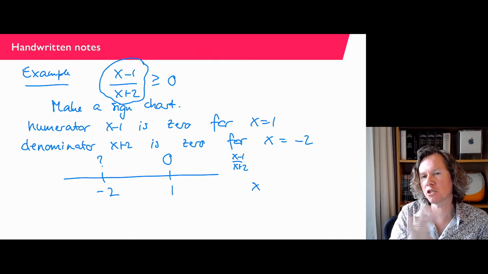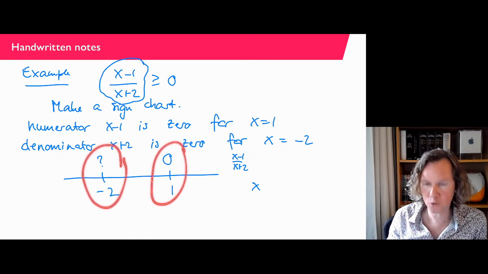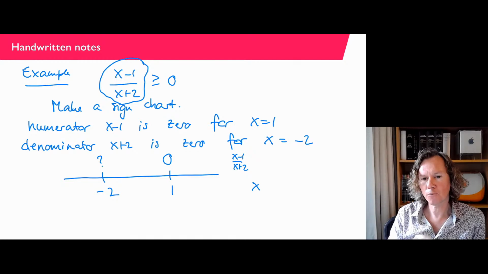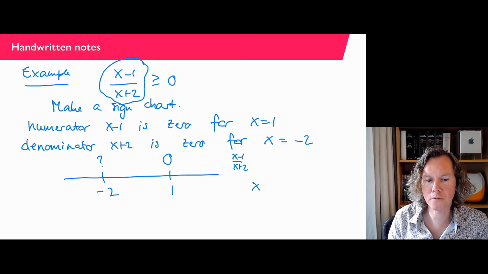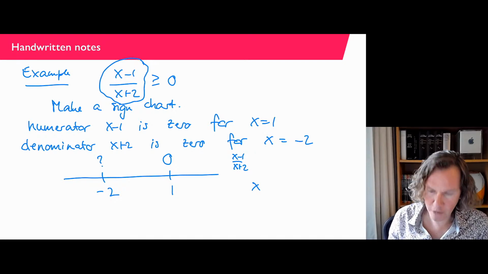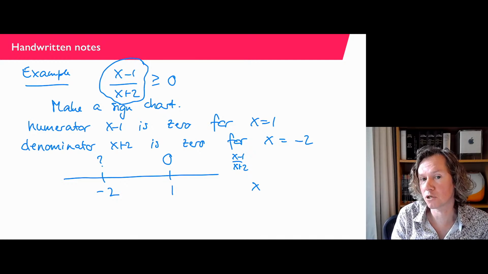And it doesn't change sign there, because if it wants to change from plus to minus, that can only happen at either minus 2 or at plus 1. So I pick some value in between minus 2 and plus 1. Let's pick 0 because 0 is easy.